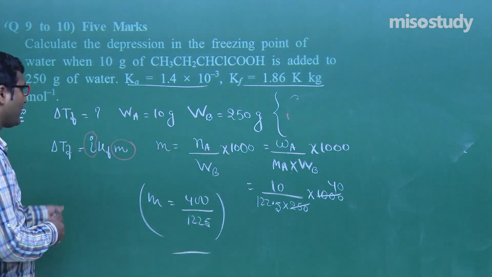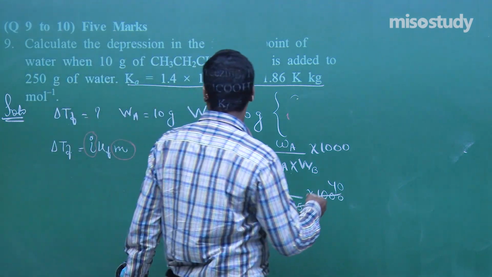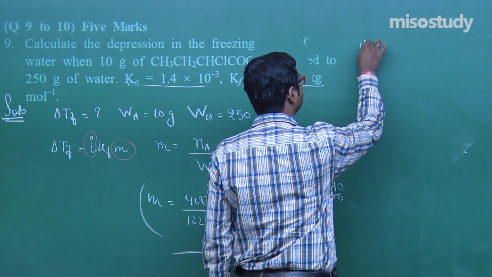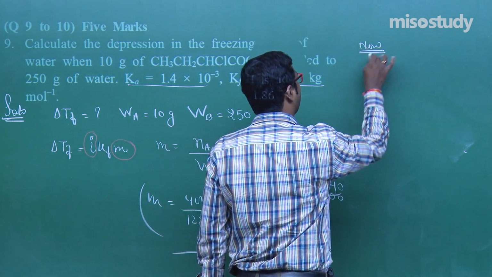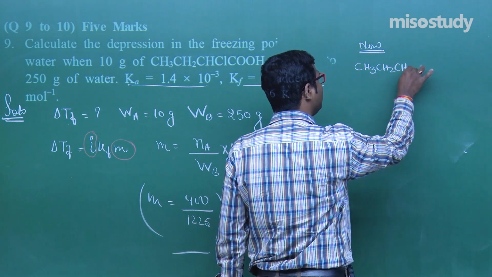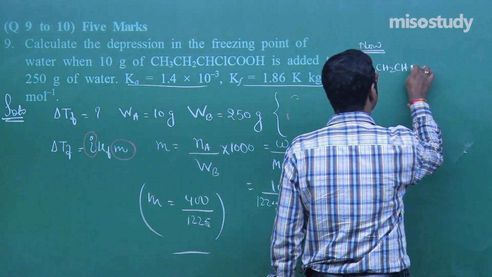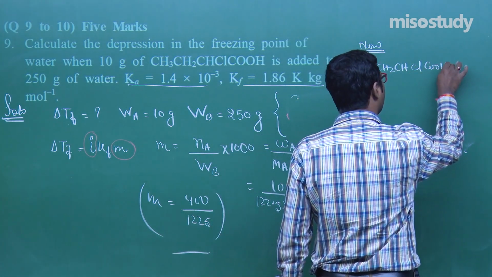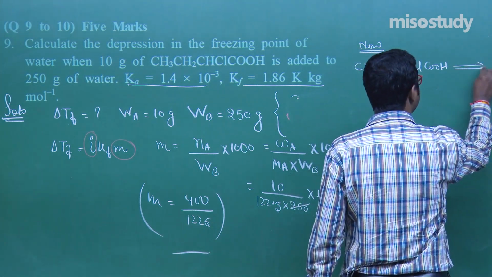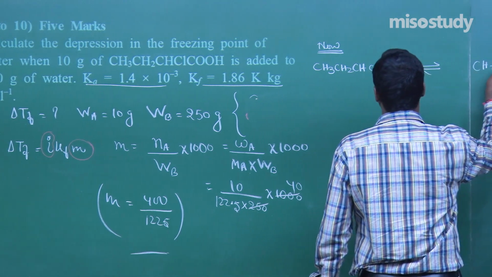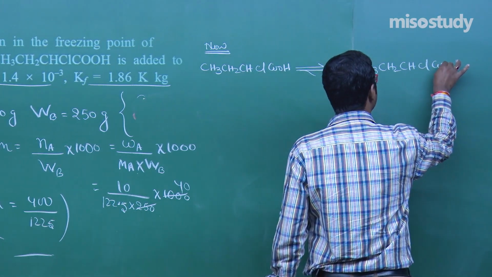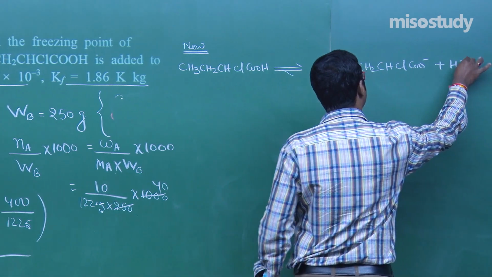Now what we need to find, my friend? i. Now how to find i? As we know, it is given here. CH3CH2CHClCOOH dissociates like this: CH3CH2CHClCOO minus and H plus.